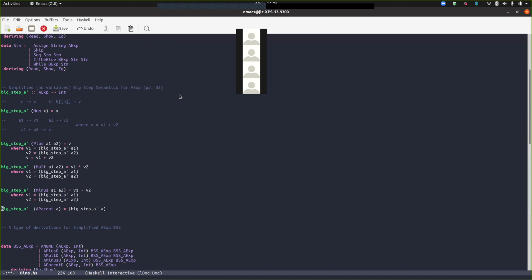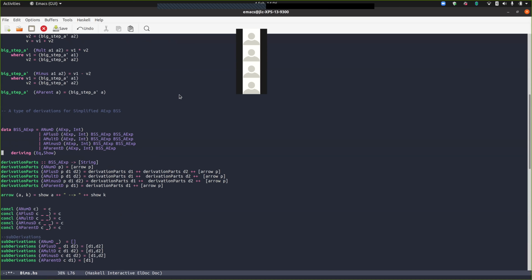Now, this part of the code here essentially is the code to build a derivation.